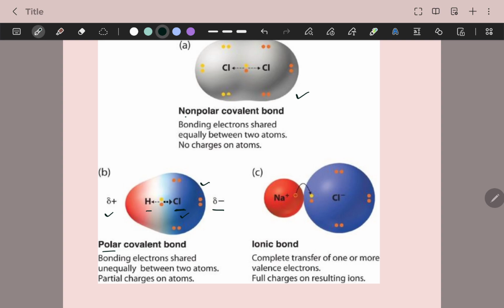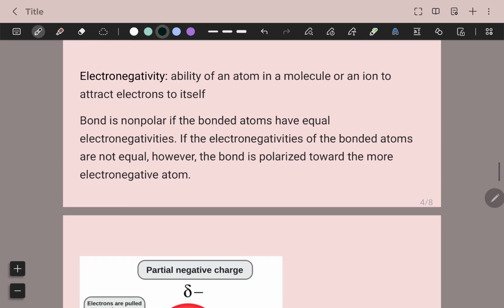In an ionic bond, there is so much difference in electronegativity that the complete electron is taken by the more electronegative atom. Here in sodium chloride, such a bond will be called an ionic bond, which we will study in the next lecture. So what actually is electronegativity? The ability of an atom to attract electrons to itself.